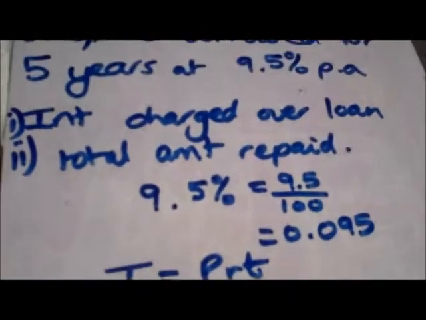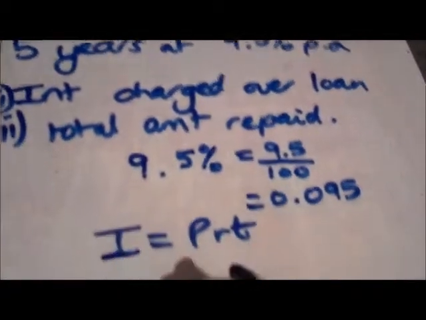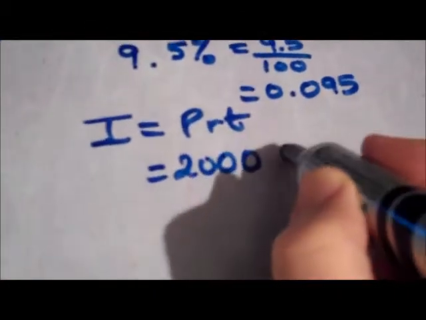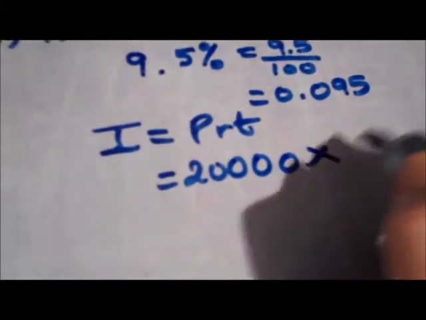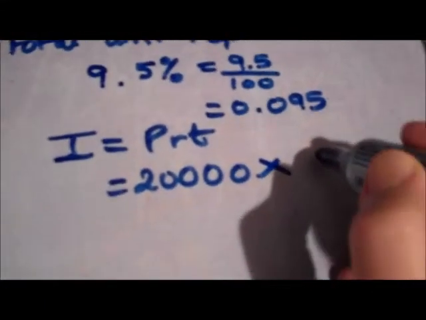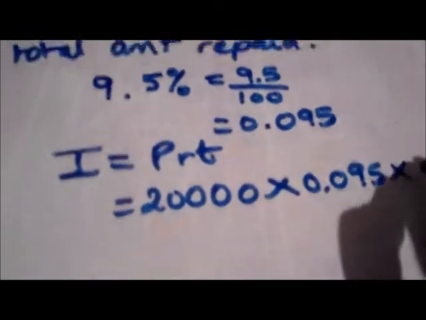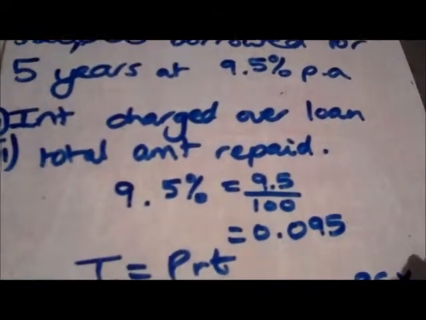The formula for simple interest, always write it down, I equals PRT. So the principal is how much I started with, so that's $20,000, times the rate, which is 0.095, and the time was 5 years.